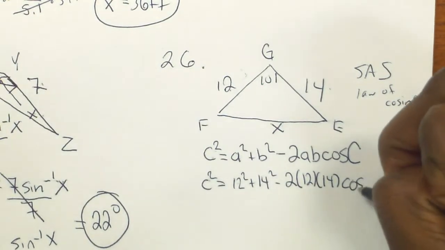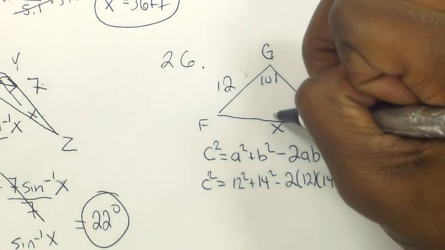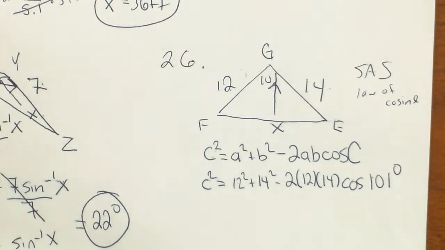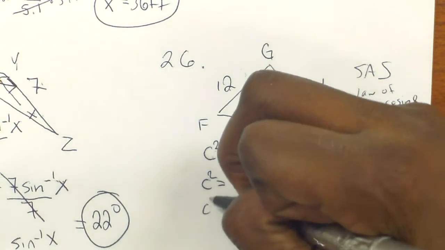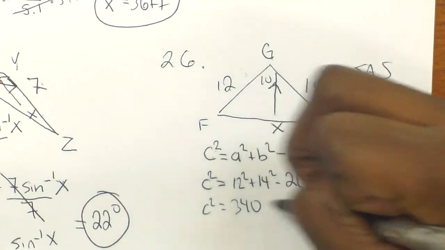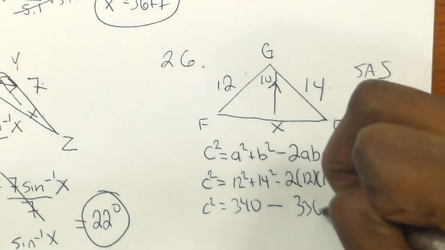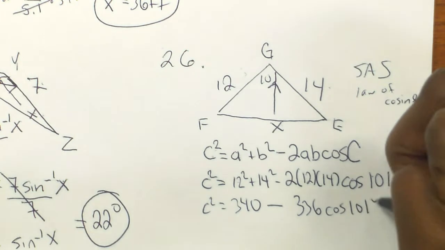And then the cosine of what angle? Our unknown is opposite of 101 degrees. Got it? So then I do 12 squared plus 14 squared, and that is equal to 340 minus 2 times 12 times 14, and that is going to be 336 cosine 101.